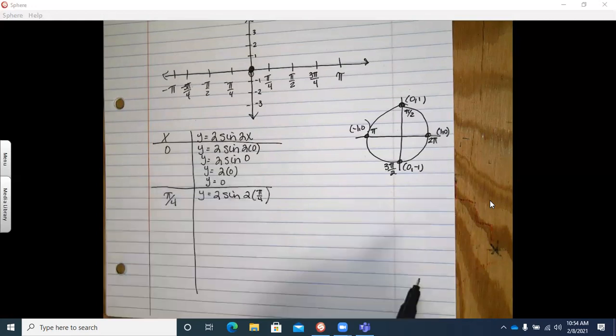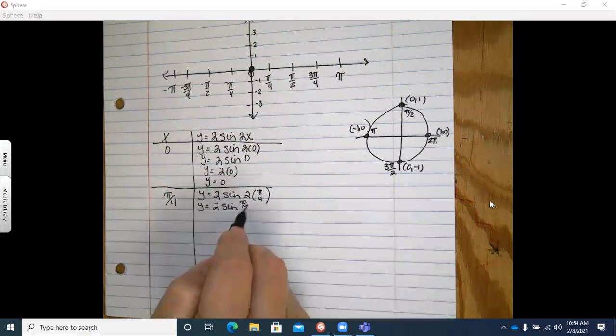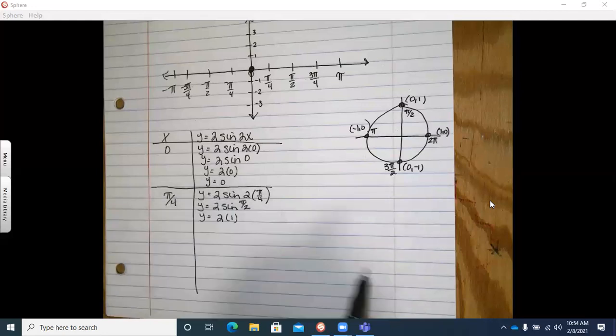Pi halves. So y equals 2 times the sine of pi halves. What's the sine of pi halves? 1. So that becomes 2. The sine of pi halves is 1, so we replace sine of pi halves with 1. And 2 times 1 is 2. So when x is pi fourths, y is positive 2.